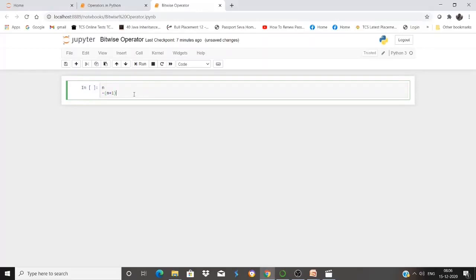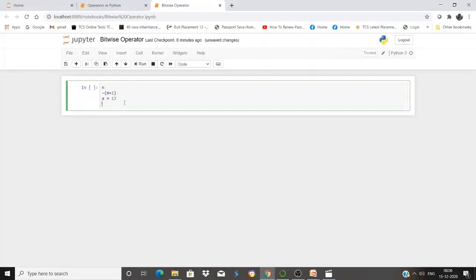Let's say we have a variable called x and we assign the decimal value 13 to the variable x. Now, if we apply the bitwise complement operator on the variable x like this, this symbol is called tilde.